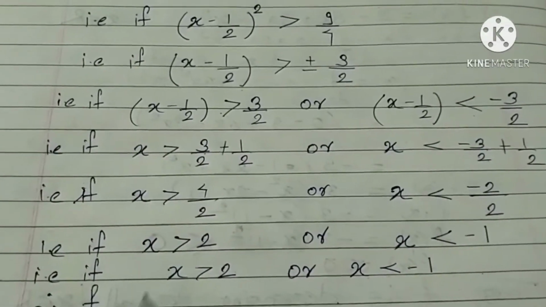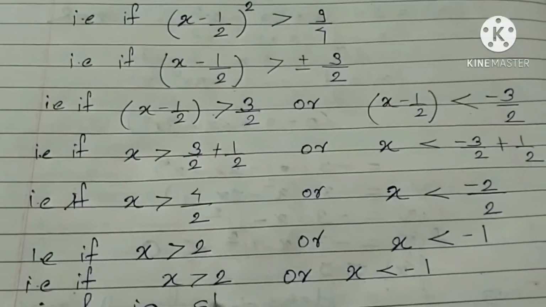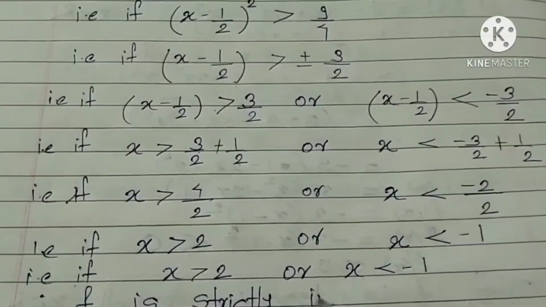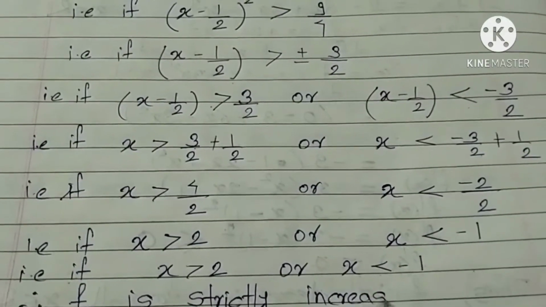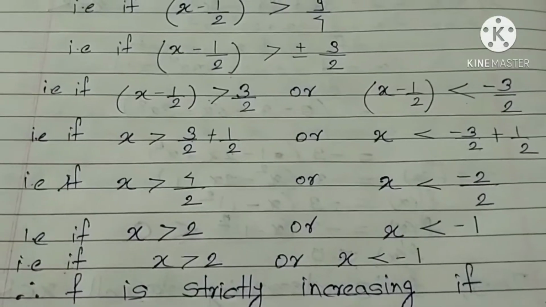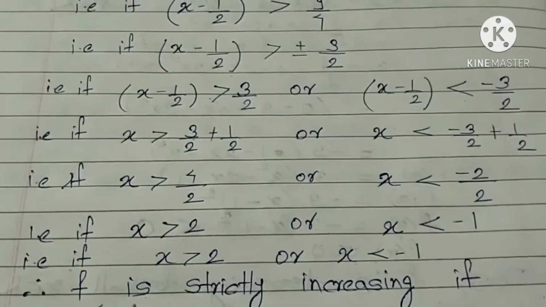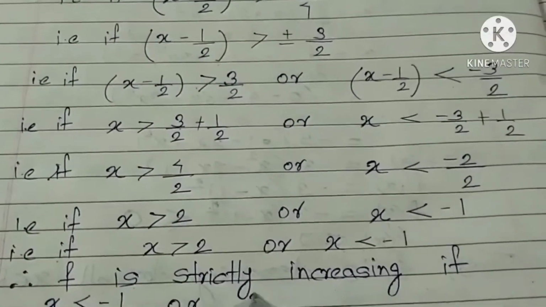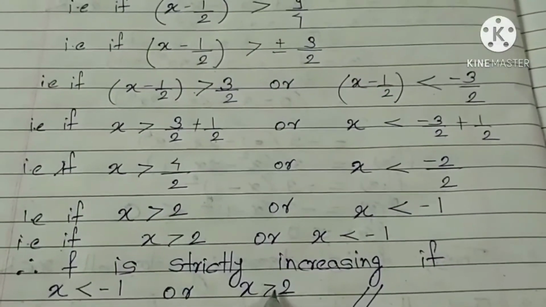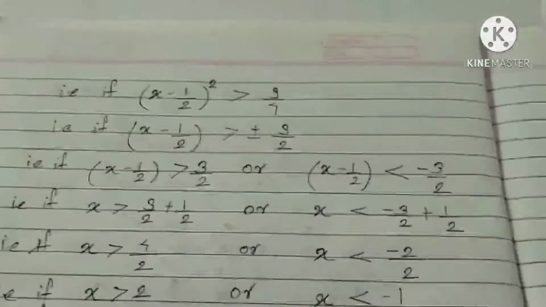Therefore, f is strictly increasing if x is less than minus 1 or x is greater than 2. So these two are values of x. Observe the example.